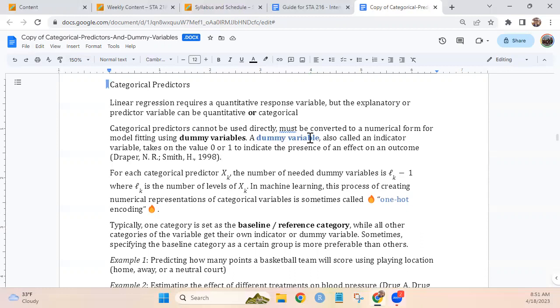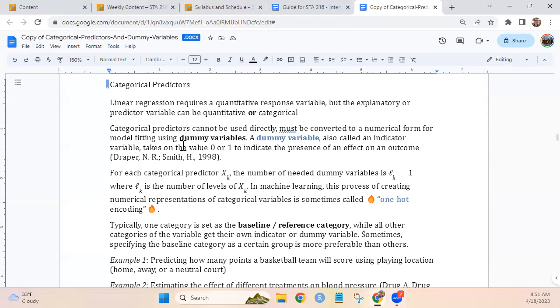One way to do this is to use what are called dummy variables. I say one way, I guess this is the way in which people do this for all types of models. So linear regression, even if you get into more advanced predictive modeling, like neural networks, or what ChatGPT is based on, right? It's based on a lot of text information.